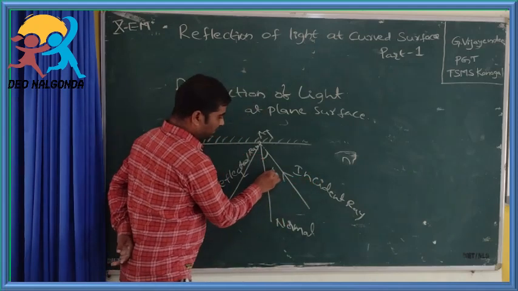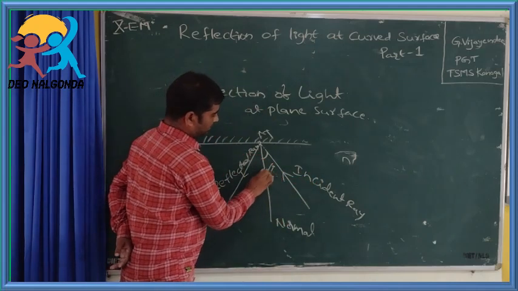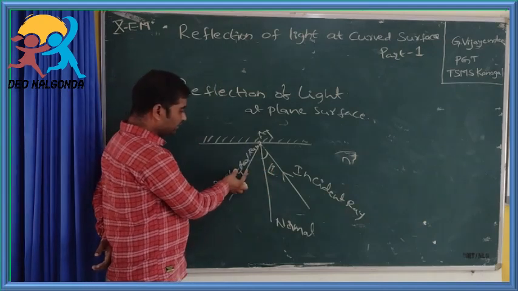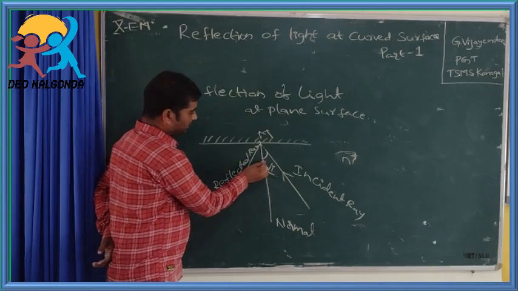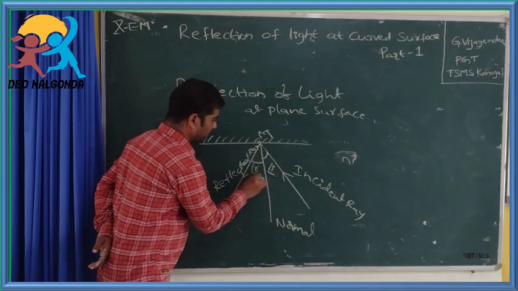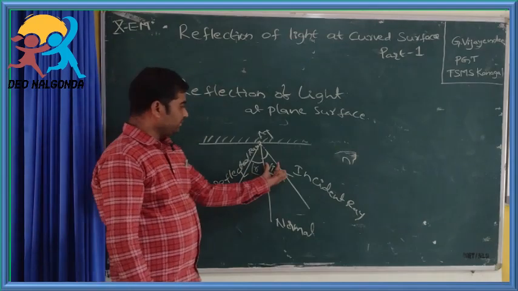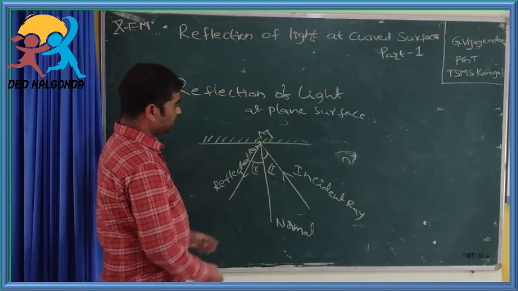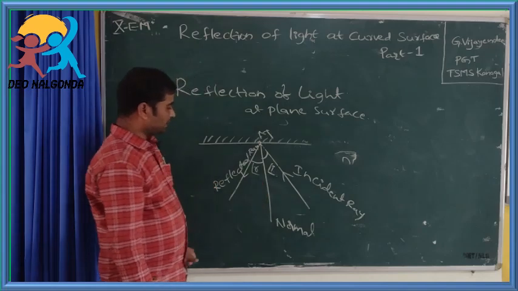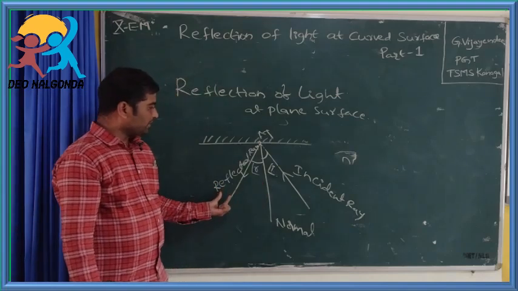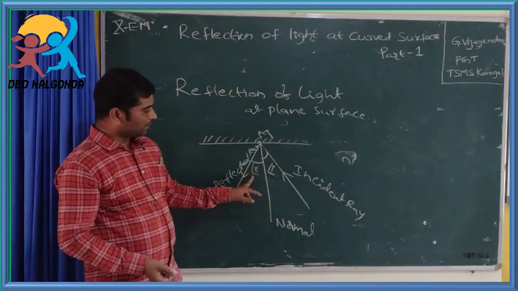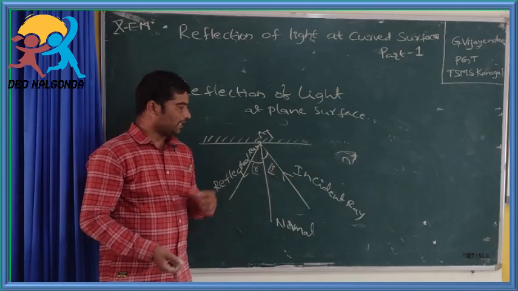It is denoted by angle I. And the angle between the reflected ray and the normal is called the angle of reflection. It is denoted by angle R.